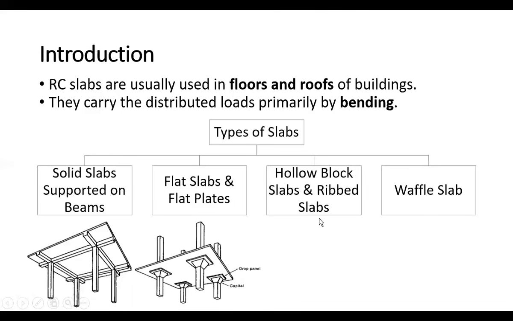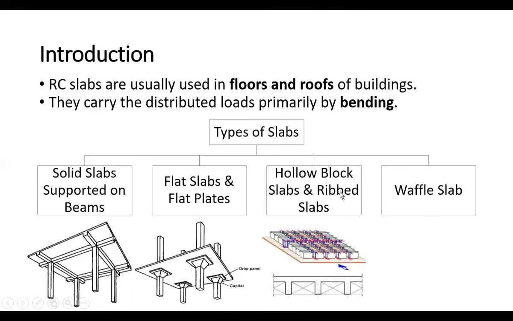The third type of slabs is hollow block slabs and ribbed slabs. In the hollow block slabs, they use blocks. It could be lightweight blocks or any type of foam or any other material to reduce the self-weight of the slab. They arrange these blocks to have a spacing between them. We call them ribs.